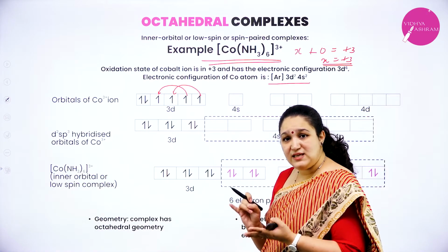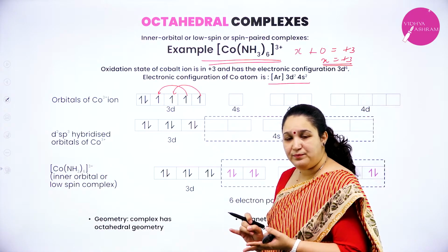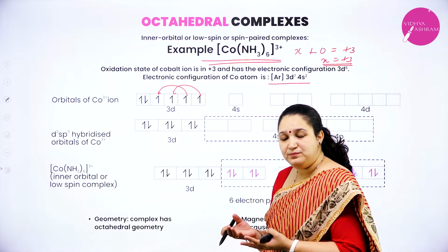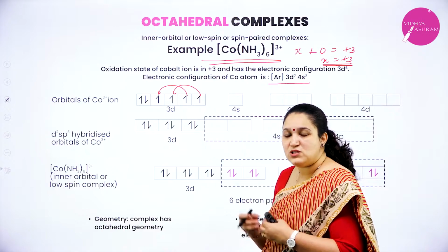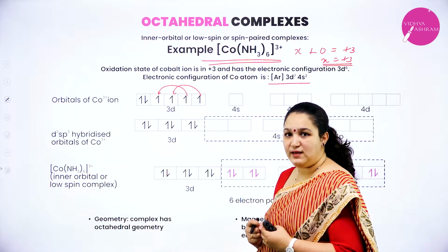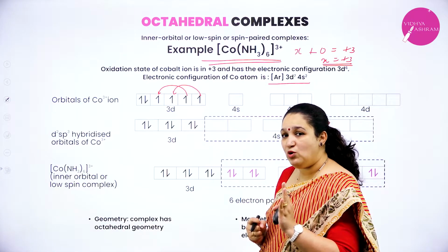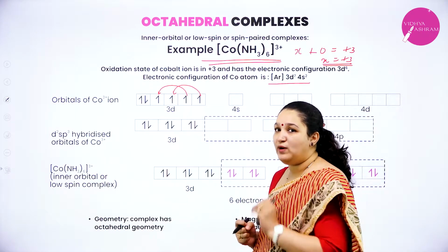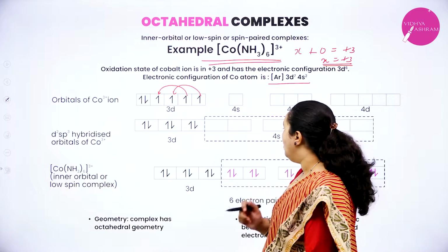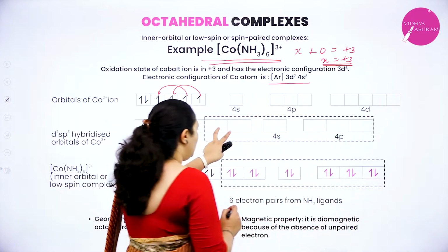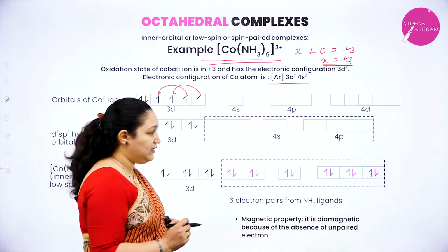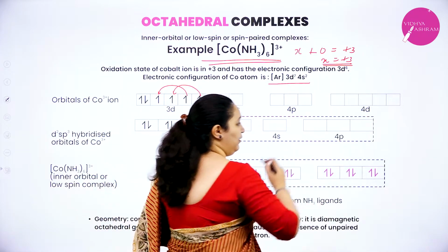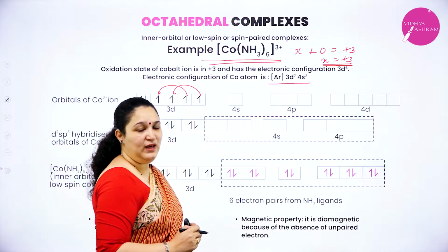If there are 6 ligands which are monodentate, I will require 6 hybridized orbitals to occupy the electrons donated by the ligands. So, how many orbitals have to undergo hybridization? 6, because there are 6 monodentate ligands. Here you can see I have 2 vacant 3d orbitals, 1 4s orbital and 3 vacant 4p orbitals.